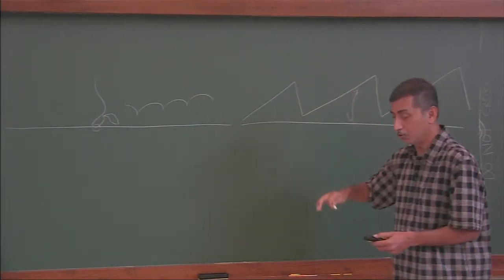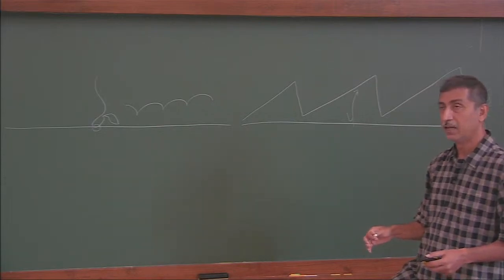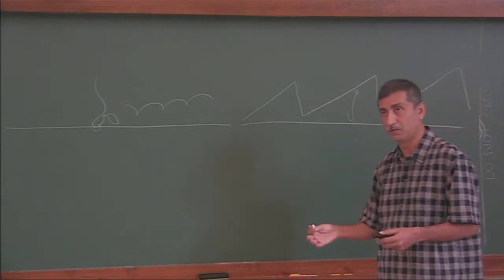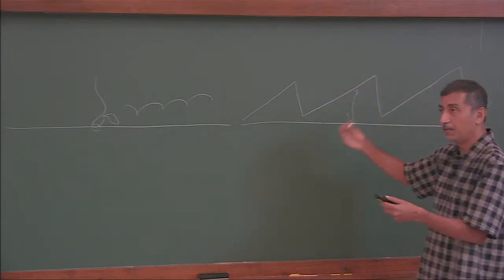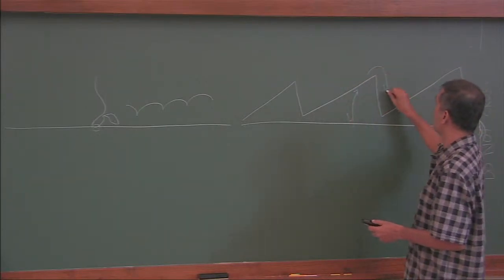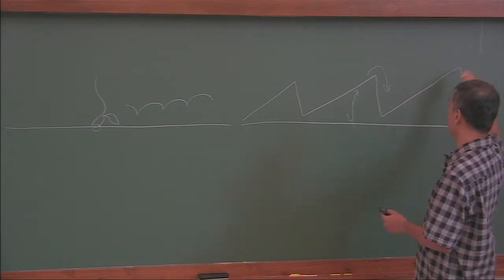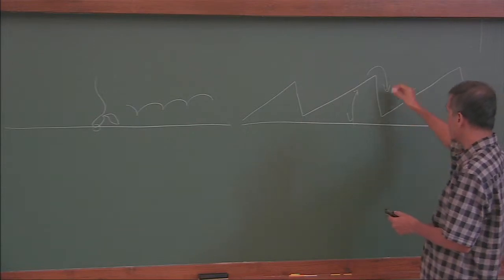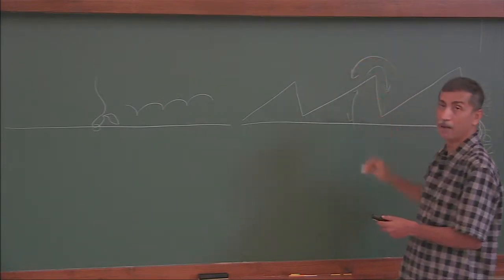You have to imagine that one head is bound and the other head is diffusing like this. And why is it diffusing? Because of thermal fluctuations. In a given time, you could cross over this barrier and come to the next site. But because of the asymmetric nature of this, it is highly unlikely that you will go back.